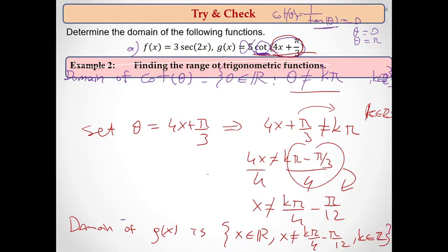So if I ask you to list all of them, you have to put 0, minus 1, minus 2, 2. I mean, for each value of k, you will have some value there. So here is the answer then. The domain of g(x) is this one.